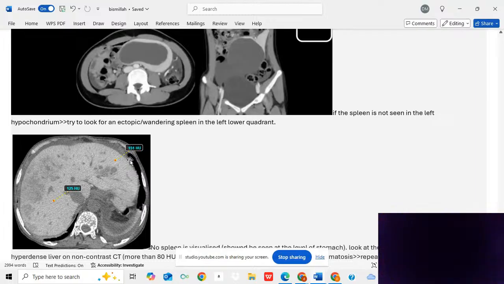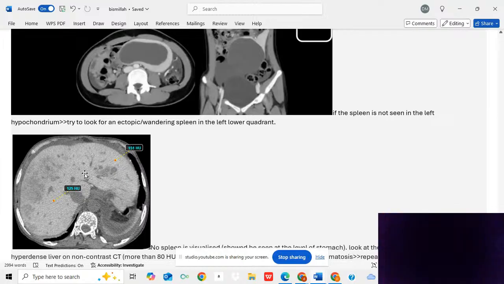When you see an enlarged liver, look at its density. The liver density here on the pre-contrast CT is over 100 Hounsfield unit. This liver is extremely hyperdense.